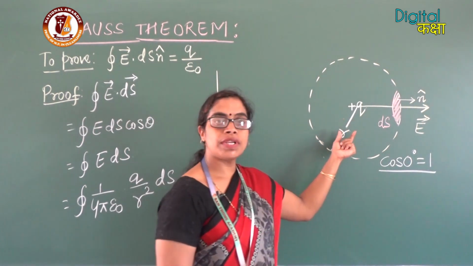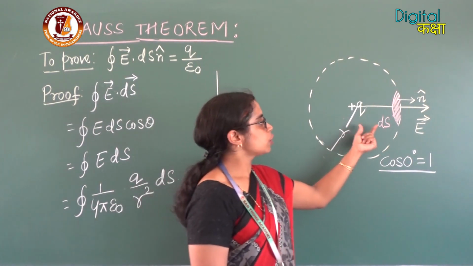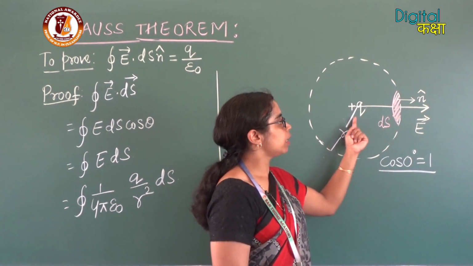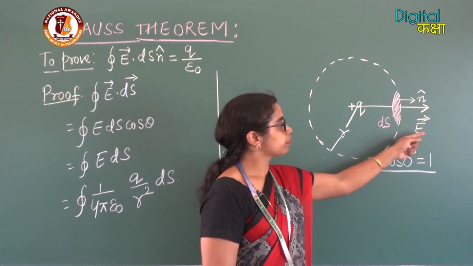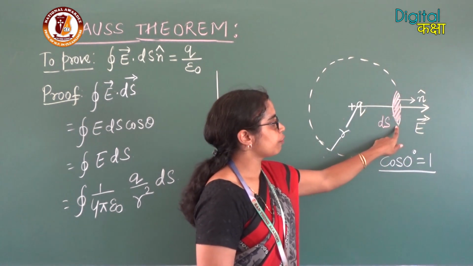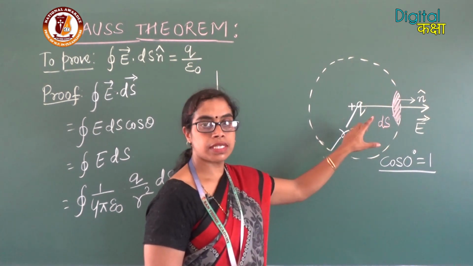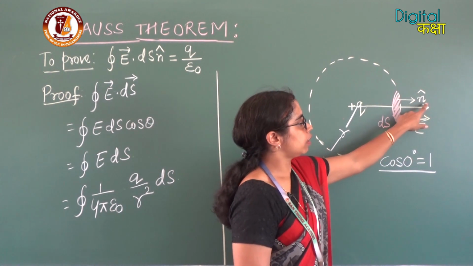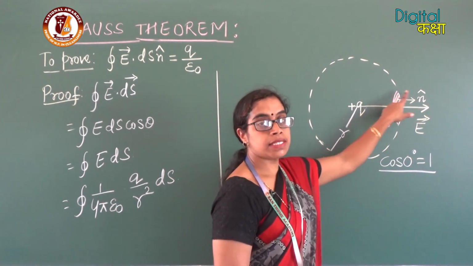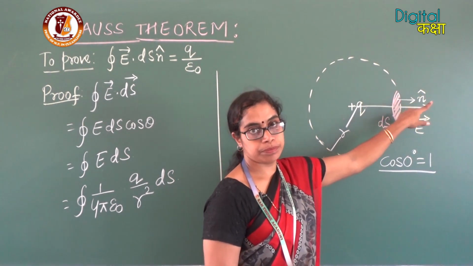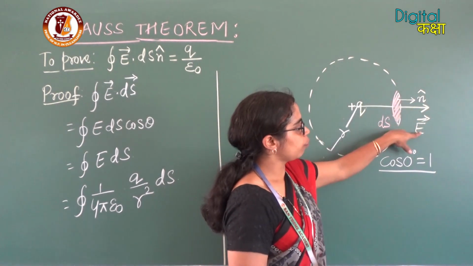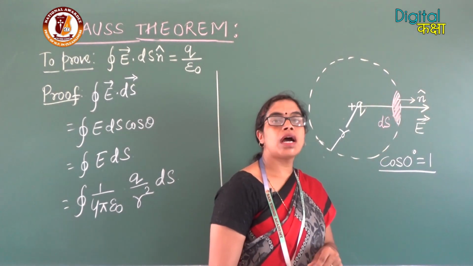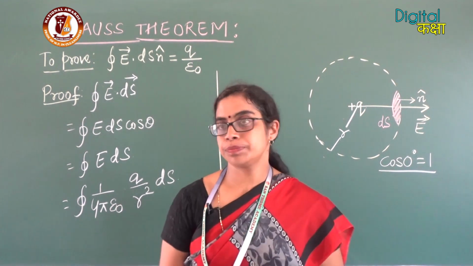Using the properties of electric field lines, the direction of electric field is given in the outward direction. A small surface area ds is taken, on which we have drawn the unit vector normal to it, represented as n cap. So in the diagram, vector E and n cap are parallel to each other.